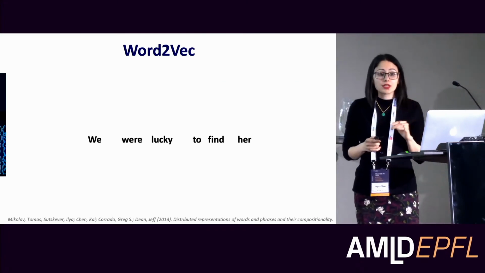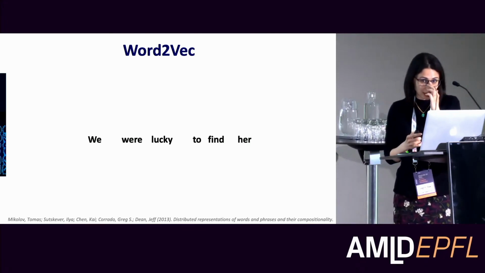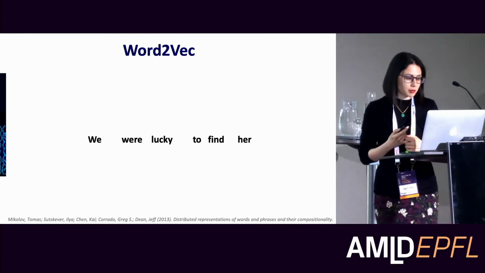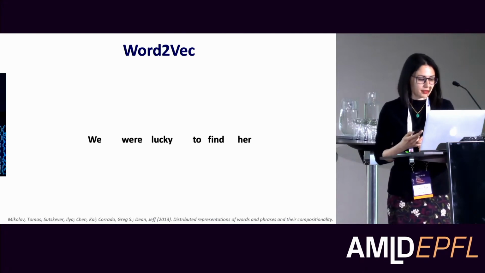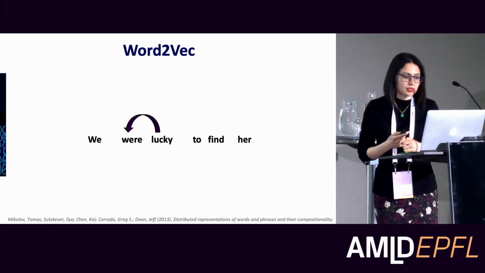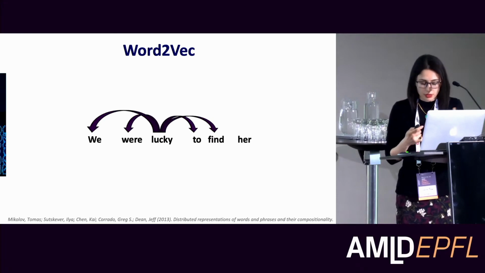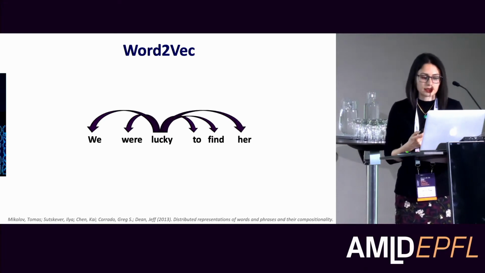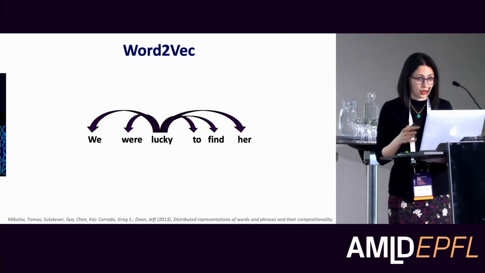In order to have a quantitative measure of semantic density, we used word2vec, which was developed in 2013 by Mikolov. As many of you are familiar with this method, here we're focusing on the word lucky. This method gets the neighboring words of the intended word, lucky in this case, and produces a very large matrix of the co-occurrence of one word with all the words that it co-appears with.